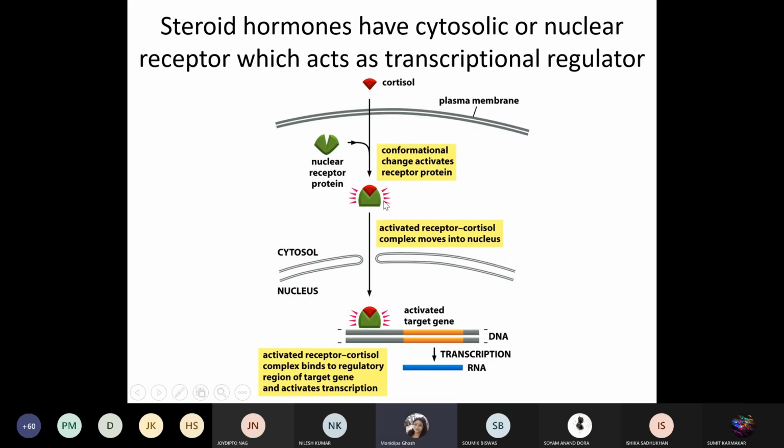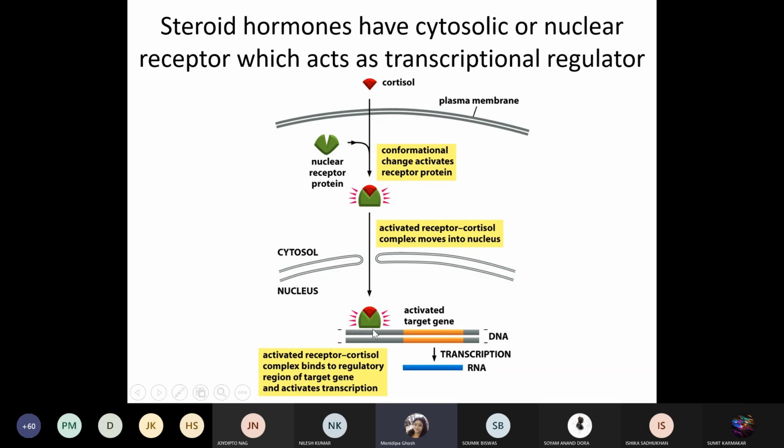Whenever this interaction is perfectly done, the activated receptor cortisol complex moves into the nucleus. Previously it was not activated. Whenever it interacts with the signaling molecule, it becomes activated and its conformational change happens, and after forming a complex, it is carried inside the nucleus. The activated receptor cortisol complex binds to the regulatory region of the target gene and activates transcription.